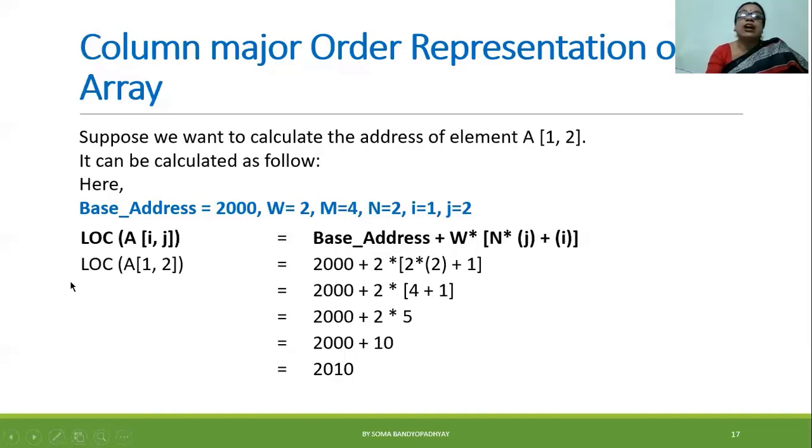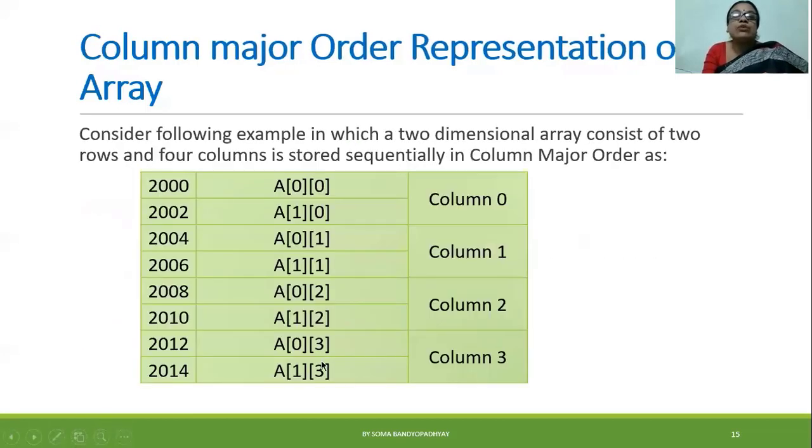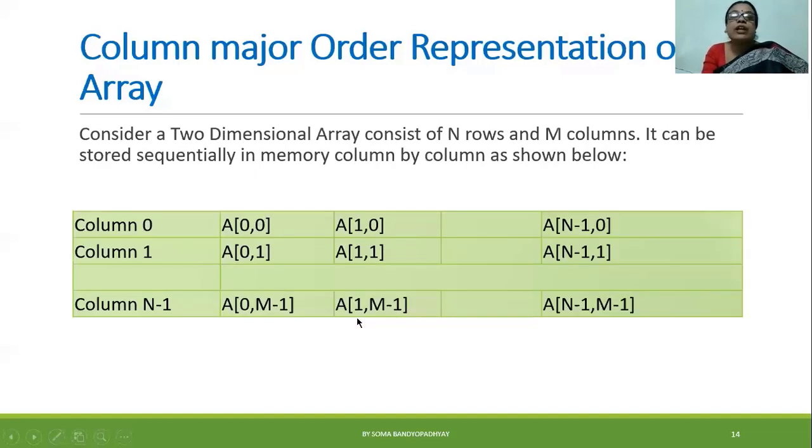That means in column major ordering, the address of element A12 is memory location 2010. So A12 element is stored in memory location 2010 in case of column major ordering.